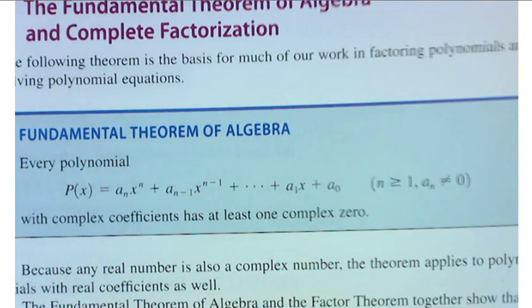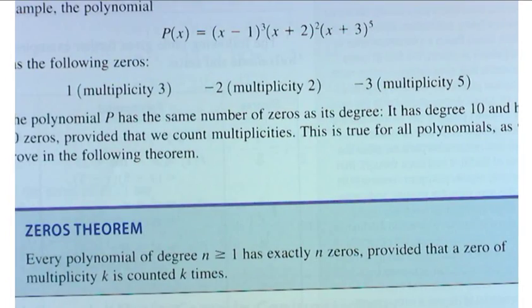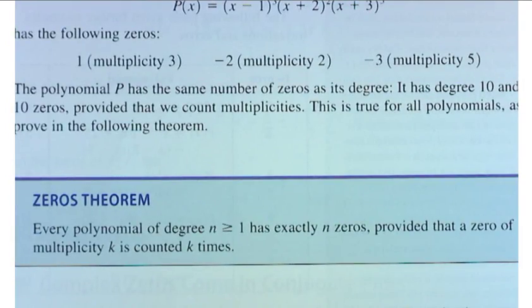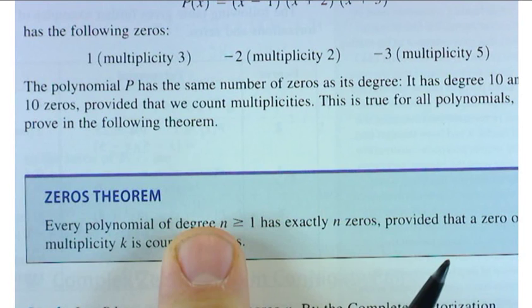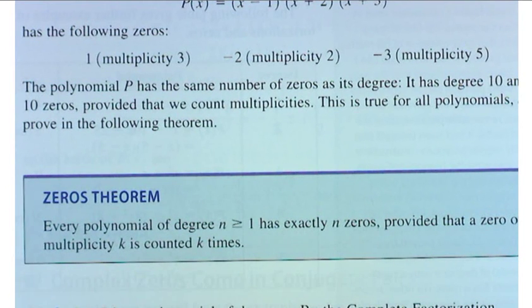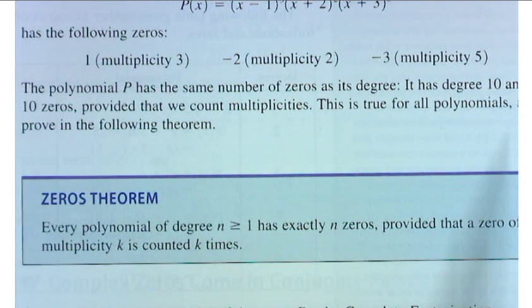Now we can go a little bit further than that. Let's go to the Zeros Theorem, which I think of as really being the fundamental theorem. Basically what this is saying is if you have a degree n polynomial, you're going to have n roots. Now some of them may be repeated, but you're going to have n roots.